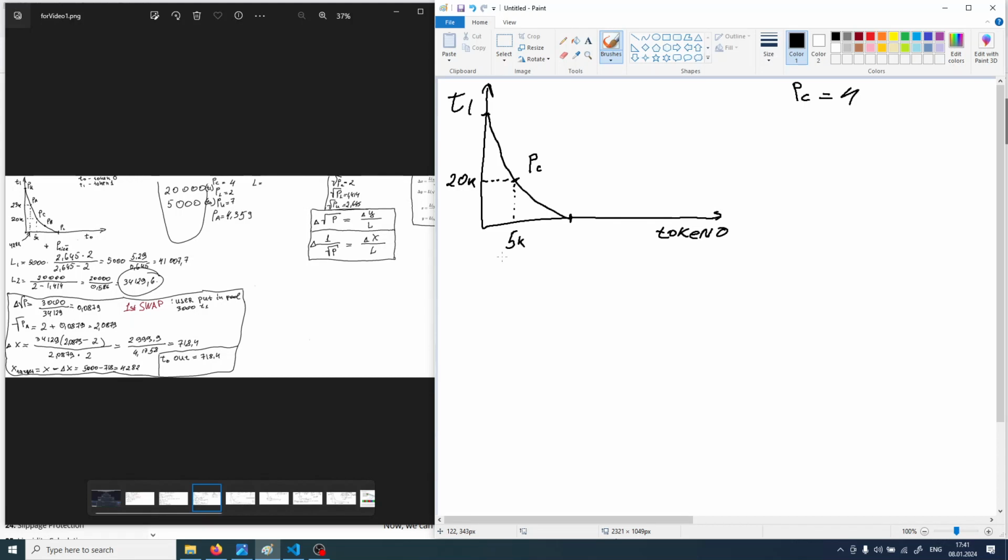Okay, so we store in this pool X, its reserves of this pool will be 5k, and Y will be 20k. So the current price will be 20 divided by 5, which equals 4.